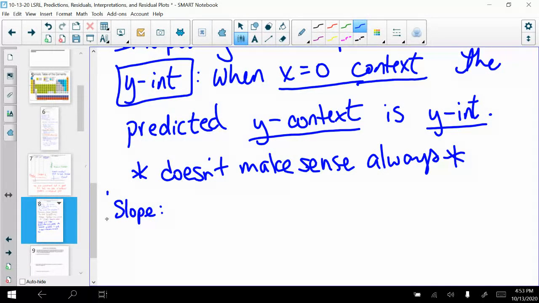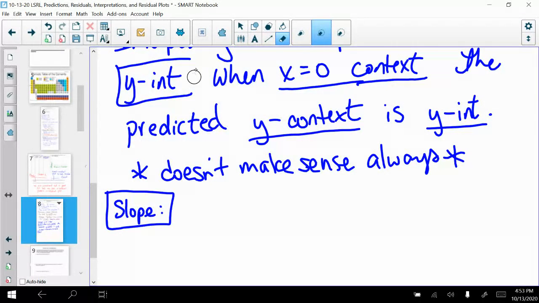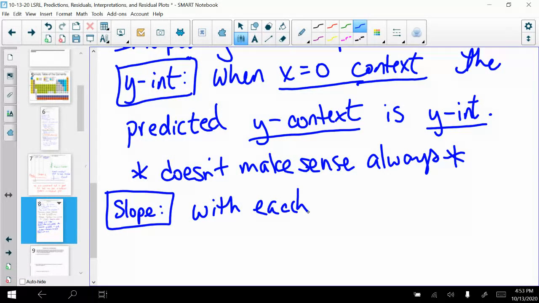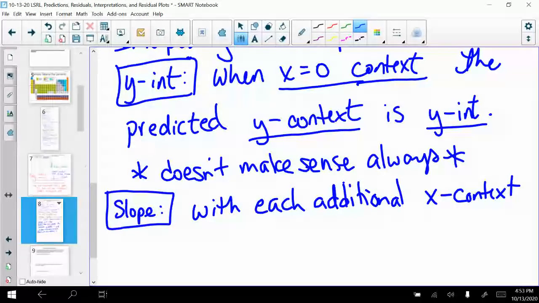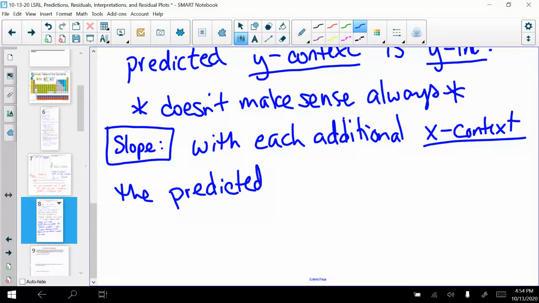The other part is our slope. If we need to interpret our slope, then what we want to say is with each additional x value, and remember from class today we were using atomic number as our explanatory variable, so for each additional atomic number, we predict, or the predicted, and again, predicted is very important to make sure it makes it into our sentence, because we want to note that it's not a guarantee.